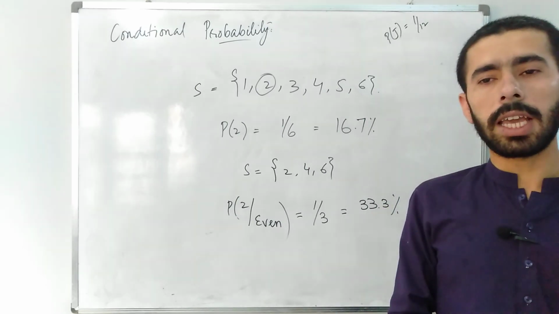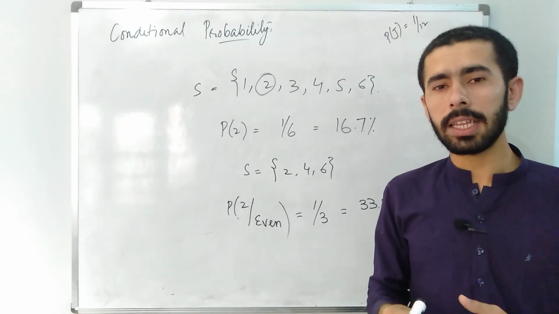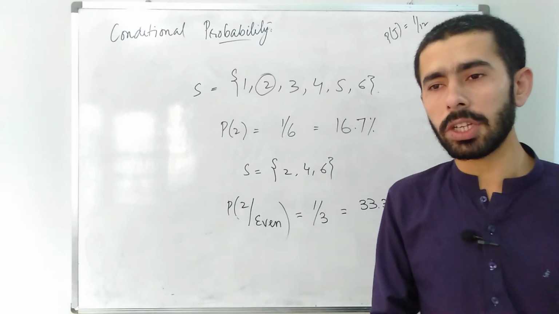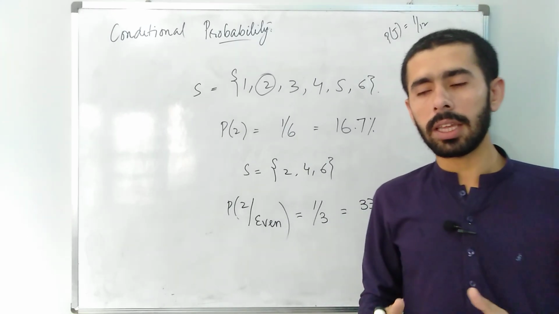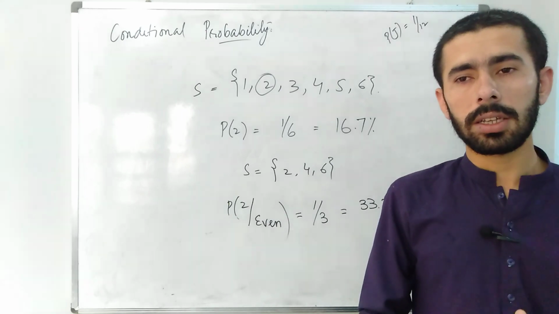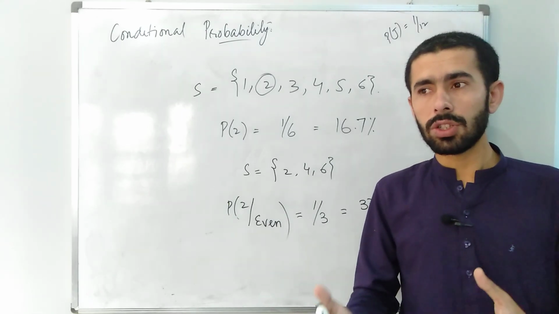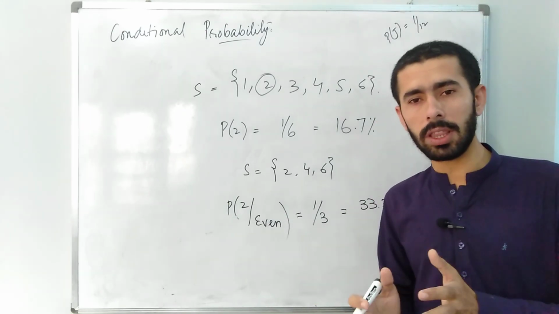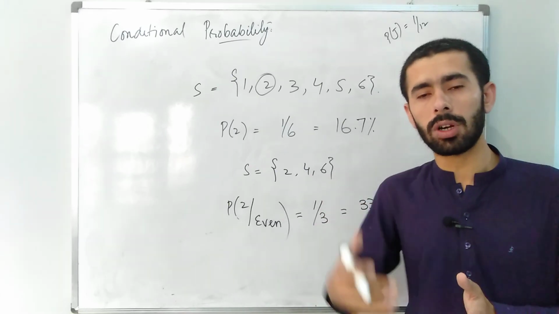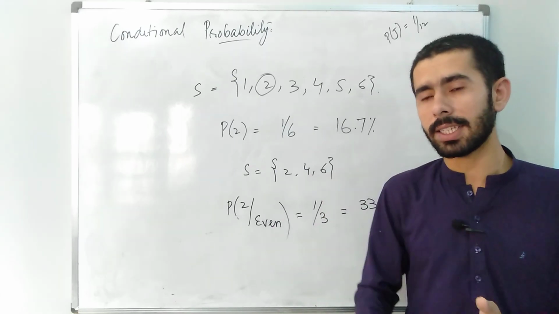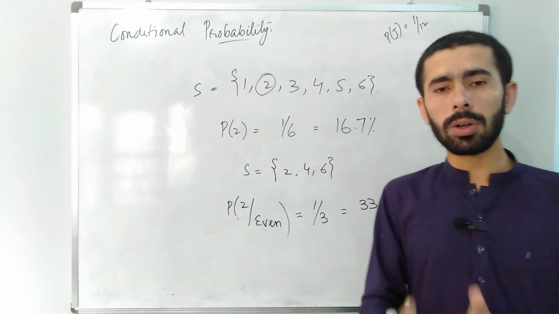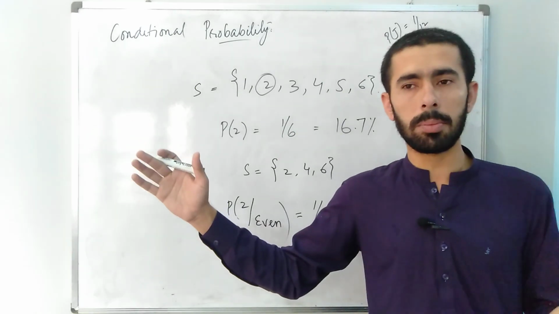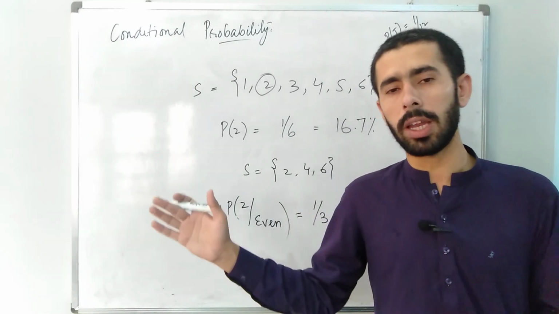But if someone gives me additional information that the month in which Ali was born starts with J, now I don't need to search his birth month among all the 12 months.